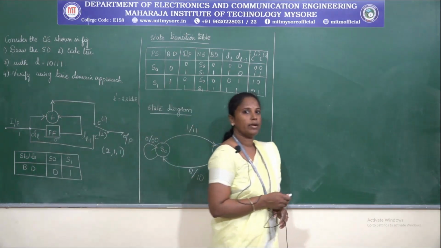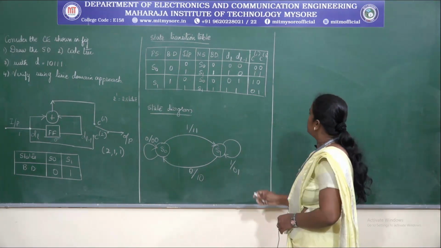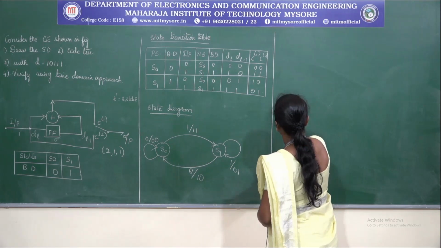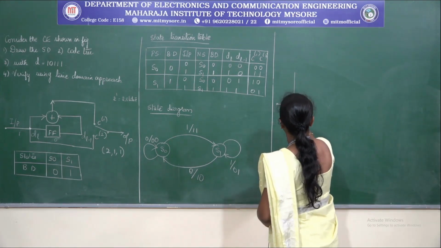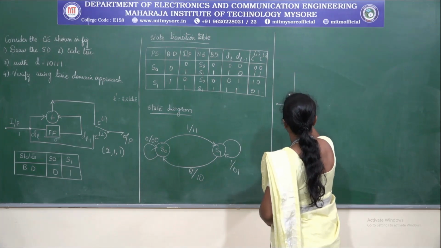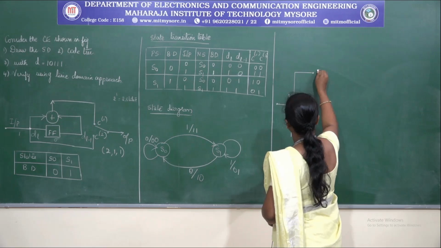Now we need to write the code tree for the state diagram. As in the previous case, we start with S0 and two branches, 0 and 1. If it is 0, it goes to S0.